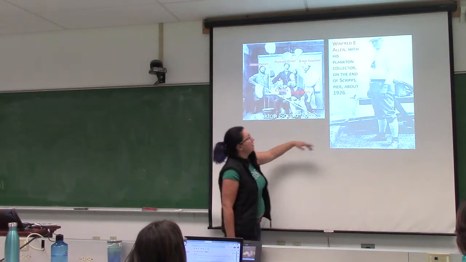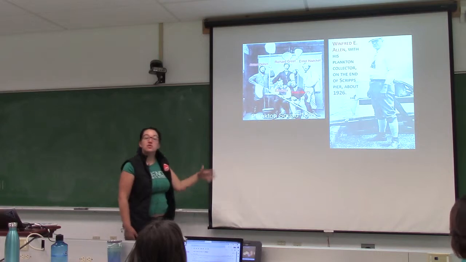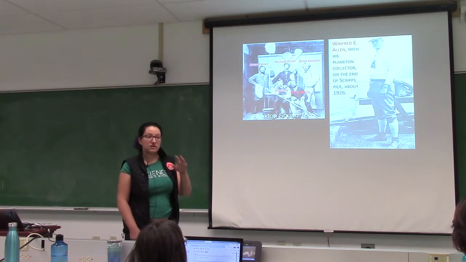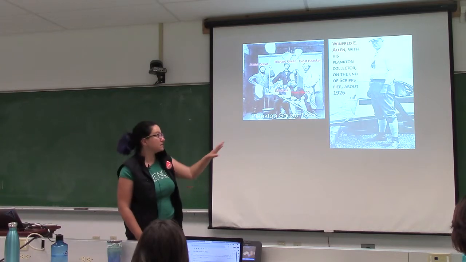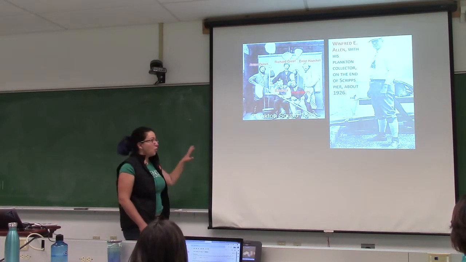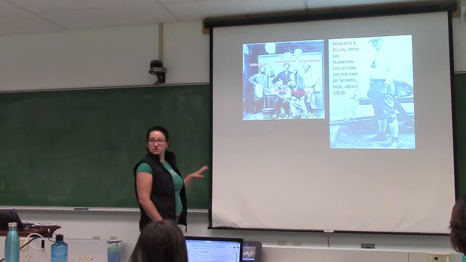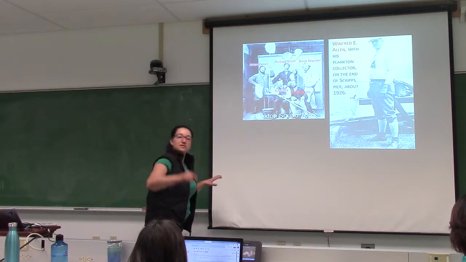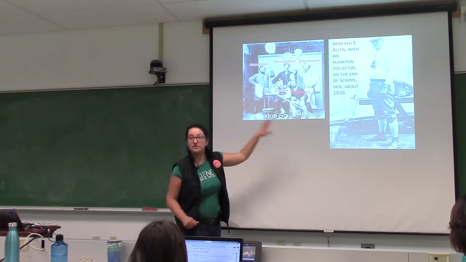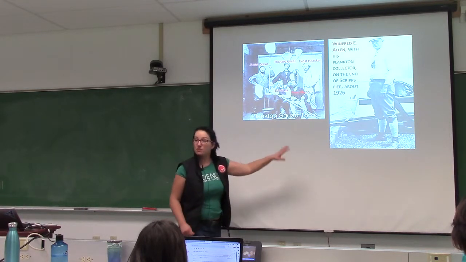Alfred E. Allen with the plankton collector. He's the one who started the phytoplankton time series in Scripps. If you look at the Scripps pier, they have phytoplankton data from 1926. It's an amazing thing. What is one thing about this image that we see here? Colin, tell me. Okay, students, what do you see about this image? What is wrong with this picture?